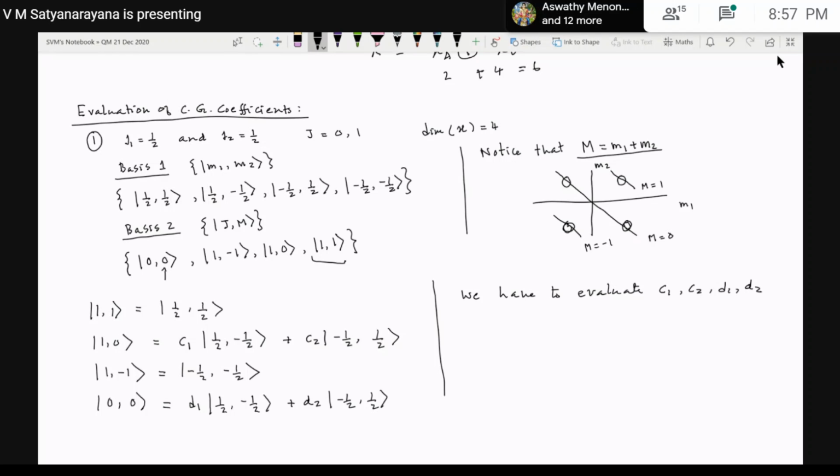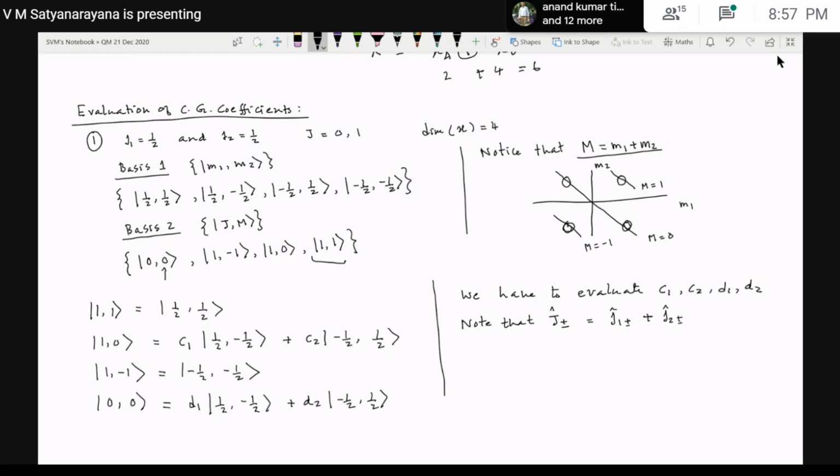The procedure to evaluate these is also simple. Note the following: the operators J plus minus can be written as J1 plus minus plus J2 plus minus.